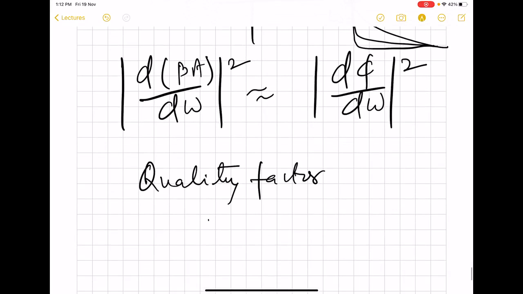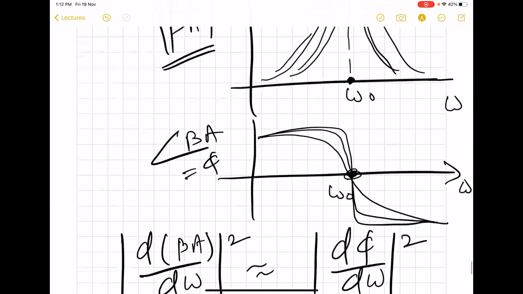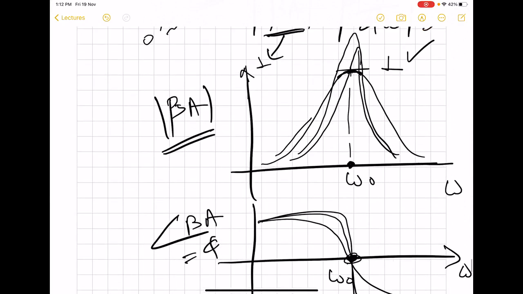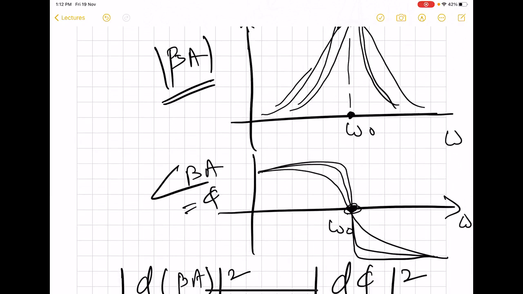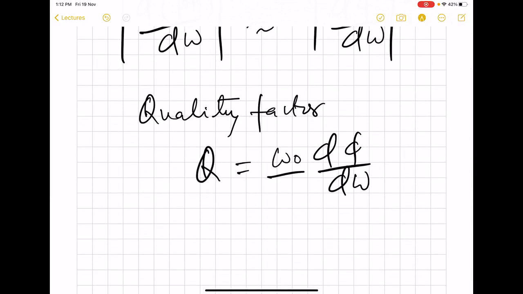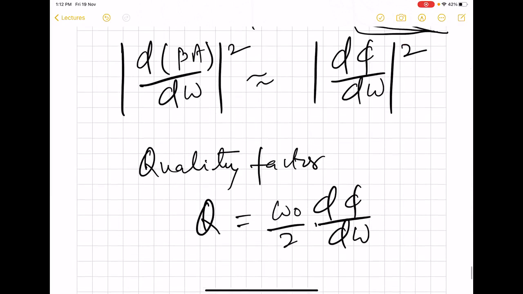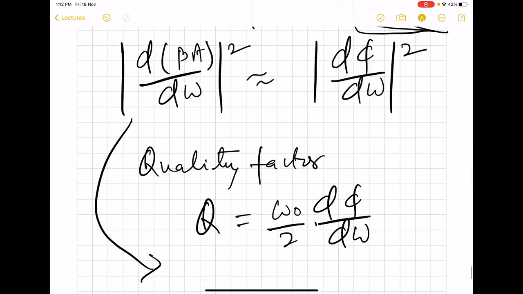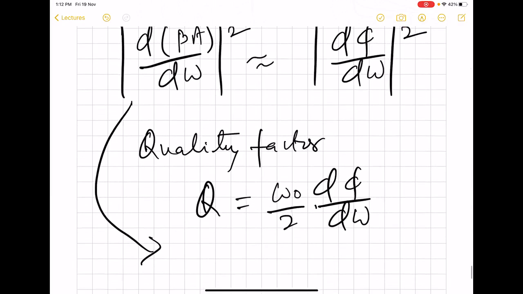So an oscillator is characterized by the quality factor, and this parameter is related to the rate of change of phase. The sharper the peak of the oscillation, the faster the phase change around the oscillation frequency, and this is then multiplied by the oscillation frequency. So using this, we can rewrite the square of the derivative term.